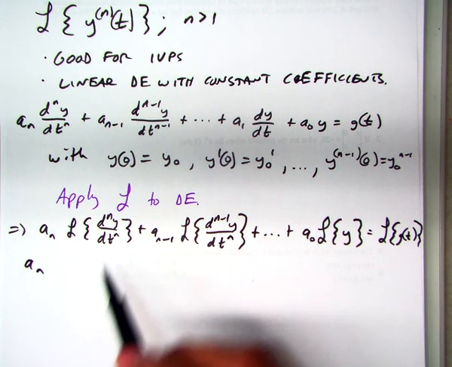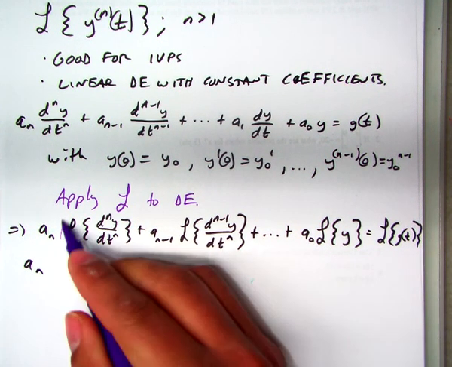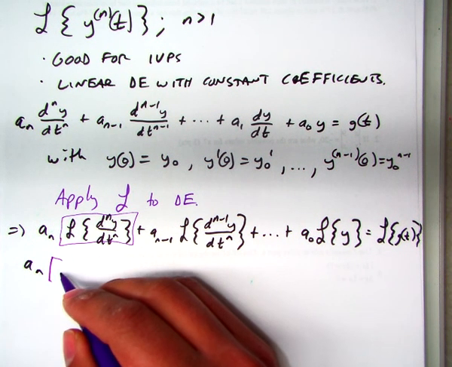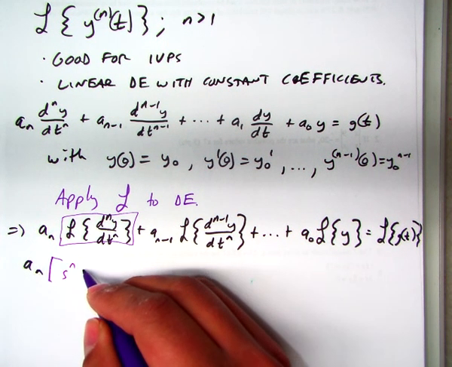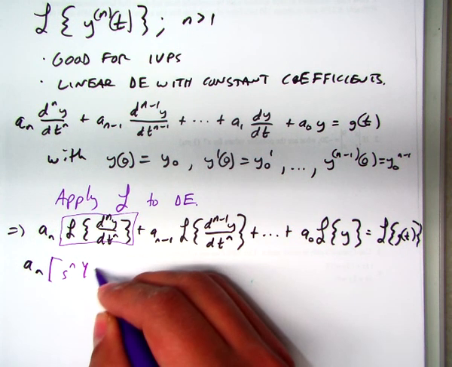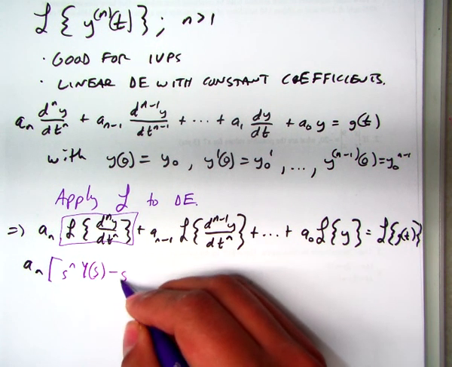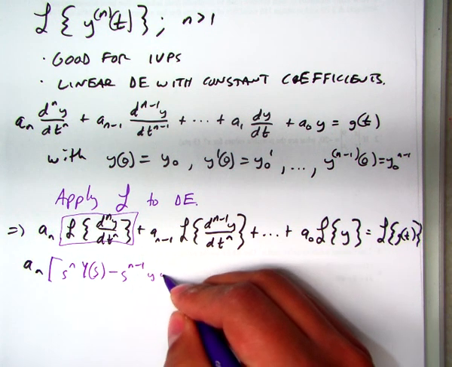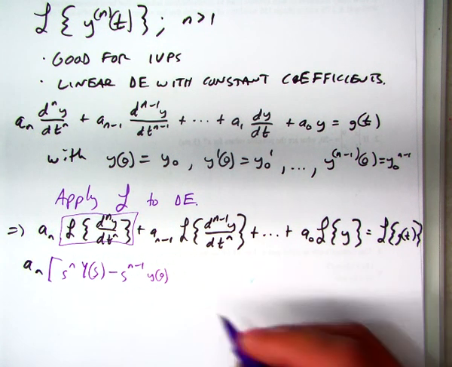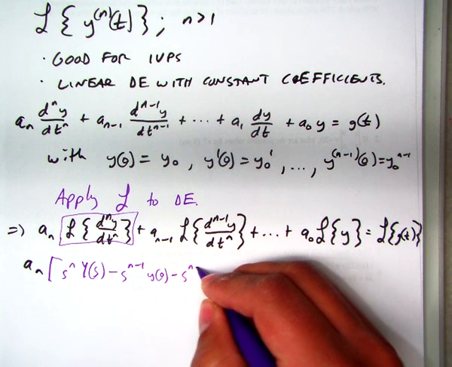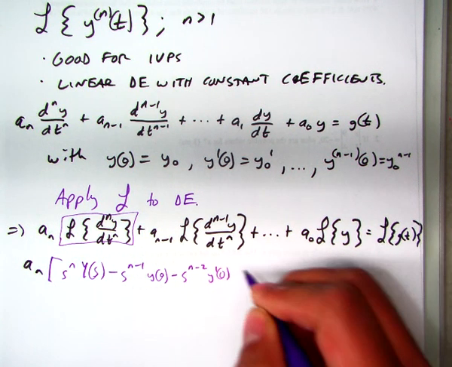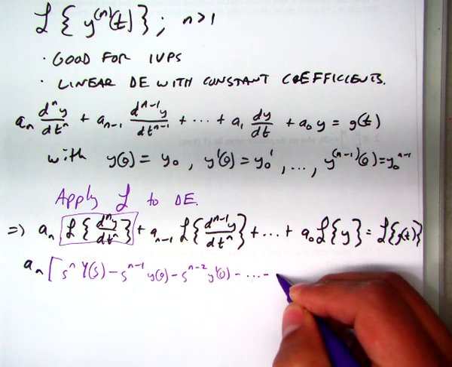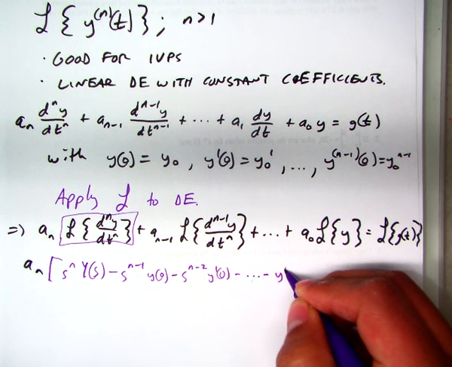And now this portion here is going to become s to the n Y of s minus s to the n minus 1. And now we start to work our way up from y of 0 up to y prime of 0 and so on, all the way down to the n minus first derivative.